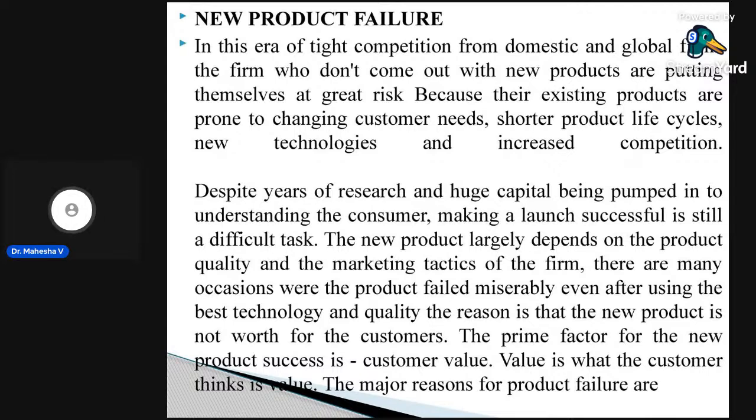The new product largely depends upon the product quality and the marketing tactics of the firm. There are many occasions where products failed miserably even after using the best technology and quality. The reason is that the new product is not worth it for the customer, even at the beginning.